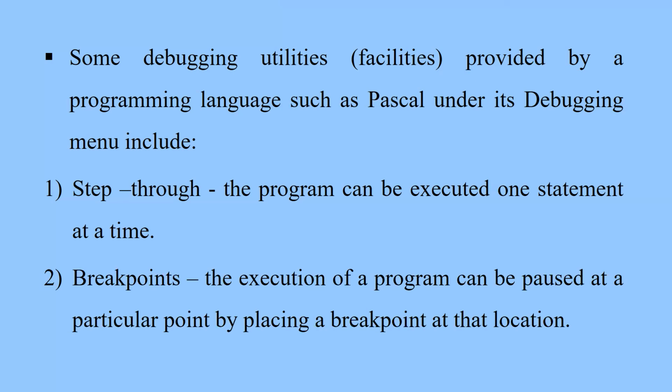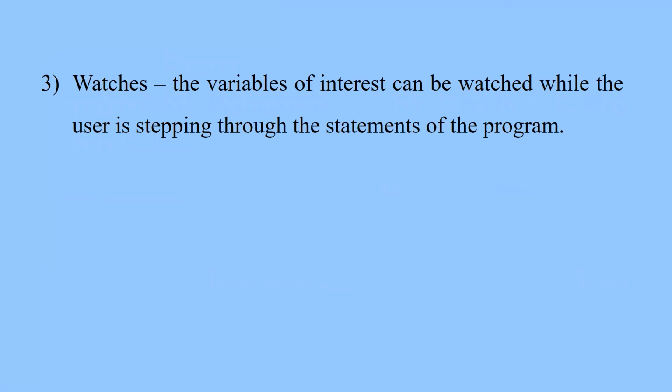Secondly, we have breakpoints. The execution of a program can be paused at a particular point by placing a breakpoint at that location. Then we have watches. The variables of interest can be watched while the user is stepping through the statements of the program.